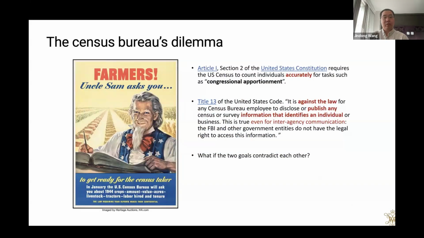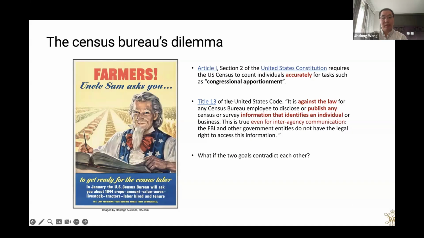And it turns out for the US, there could be an interesting dilemma. Article 1, Section 2 of the US Constitution requires the census to count individuals accurately for tasks such as congressional apportionment. So it requires you to count accurately, to assemble all of your information.